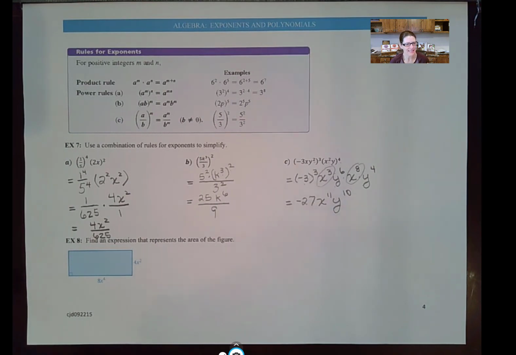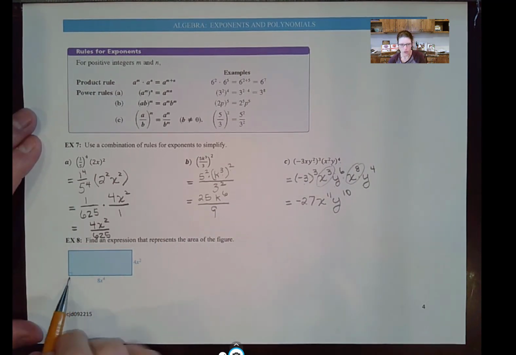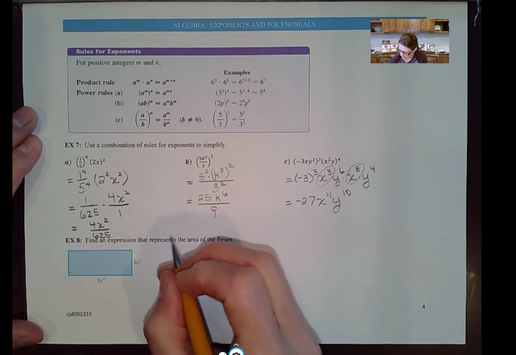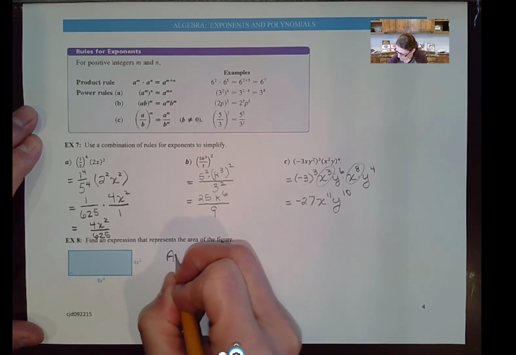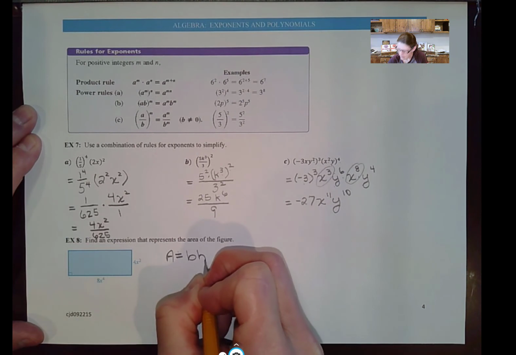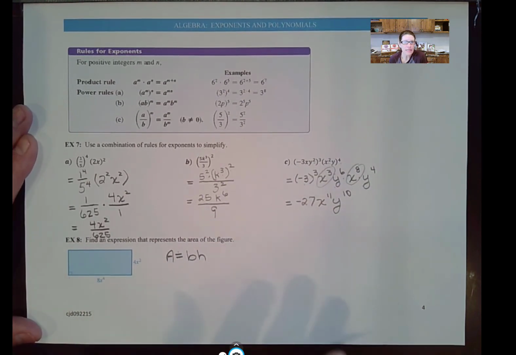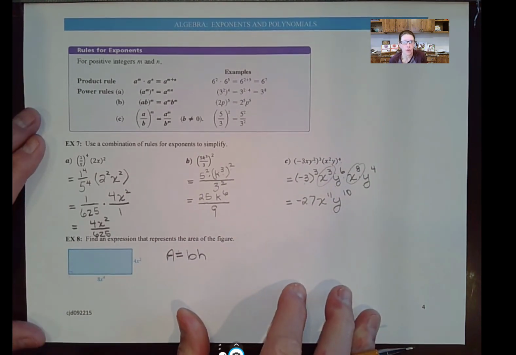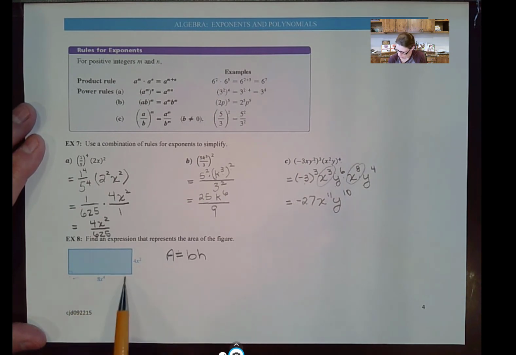And last example here for these rules. In example 8, we want to find an expression that represents the area of the figure. And here we have a rectangle, don't we? We know that because of our right angle symbol. And the area of a rectangle is base times height. You might say length times width. Okay, true. Let's multiply those dimensions.